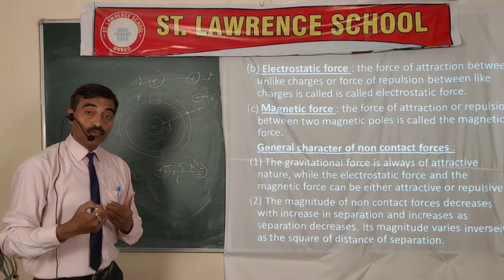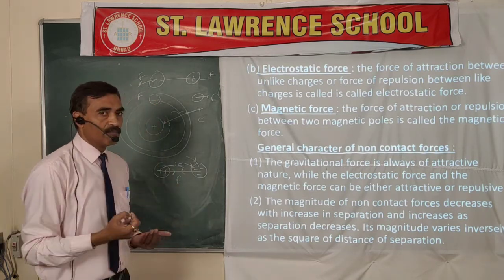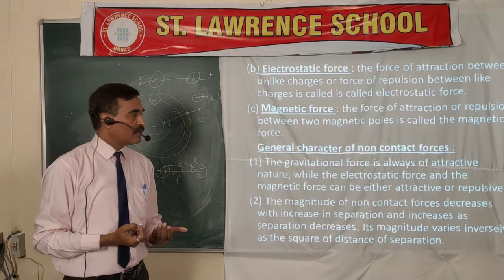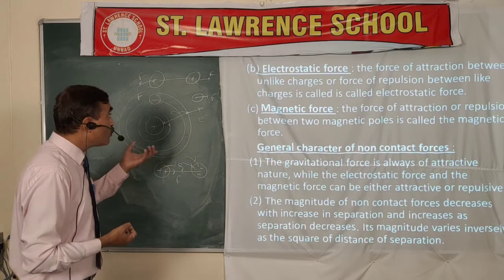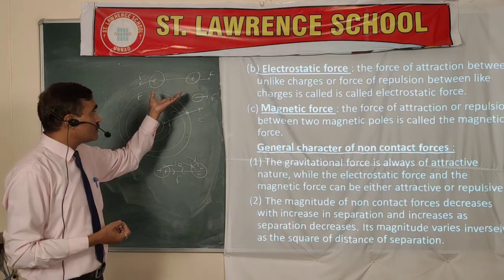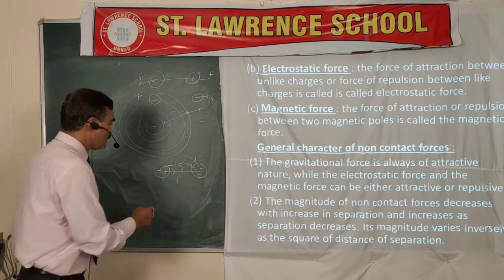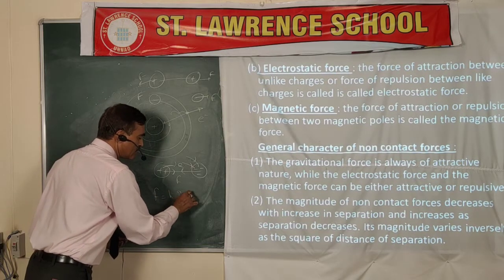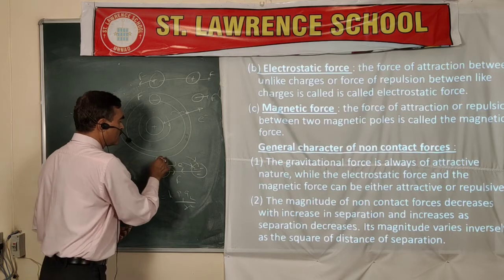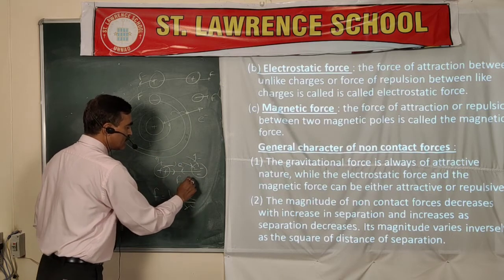And two unlike charges, positive and negative, always attract each other. Just as we have read about the gravitational law of Newton, that was F is equal to m1 m2 upon r squared, similarly there is Coulomb's law of electrostatics, which is exactly identical with that, and is given by F is equal to k q1 q2 upon r squared, where q1 and q2 are the two charges separated by a distance r.